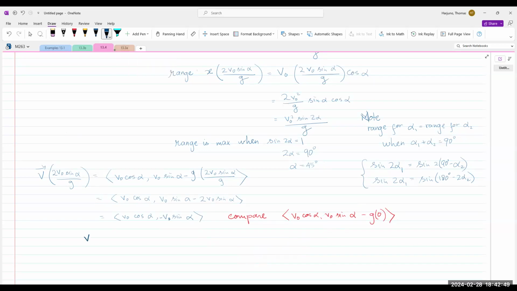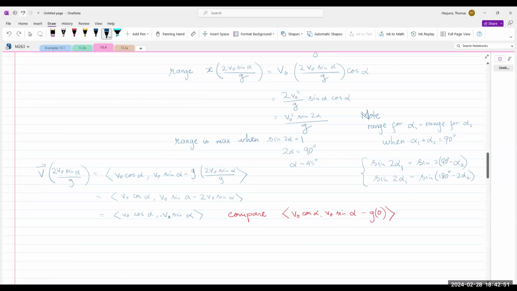What is the speed at that time, when it hits the ground, at time 2 v naught sine alpha over g? The speed will be the square root of v naught squared cosine squared alpha plus v naught squared sine squared alpha. Boom, this is basically the initial speed.